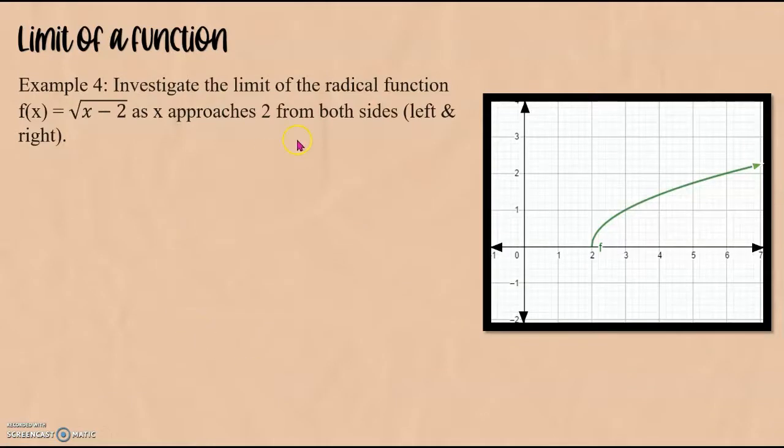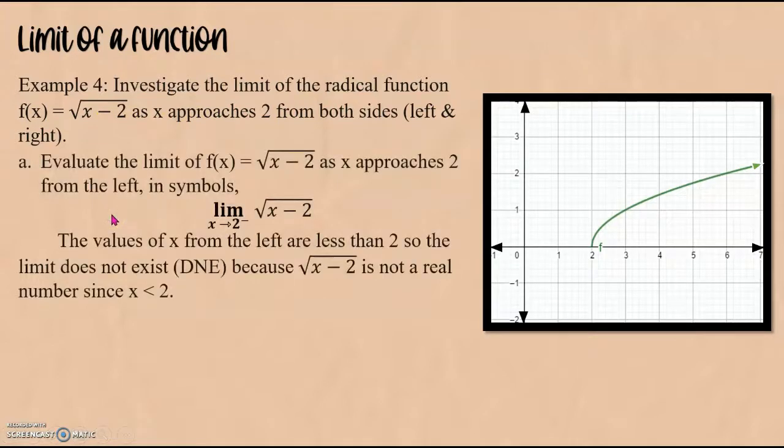Now let's have this example. Investigate the limit of the radical function f of x is equal to the square root of x minus 2 as x approaches 2 from both sides. So we have the left and the right side. Now, evaluating the limit as x approaches 2, we can see that from the left, the values of x are less than 2, so the limit does not exist.